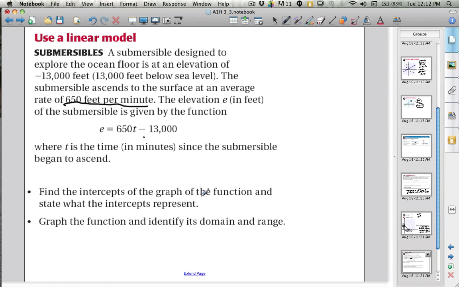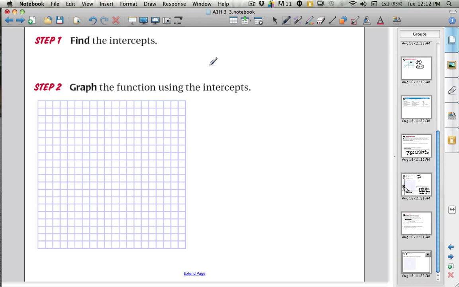So we want to find the intercepts of the graph, and then we want to state what the intercepts represent. Graph the function, identify its domain and range. Okay, so if we want to find the intercepts, we had E is equal to 650t minus 13,000. So if I set t to be equal to 0, I'll find the elevation intercept.